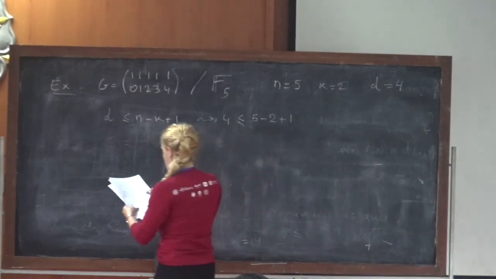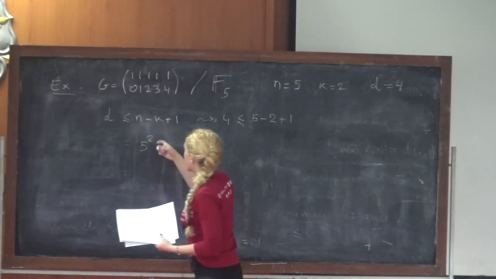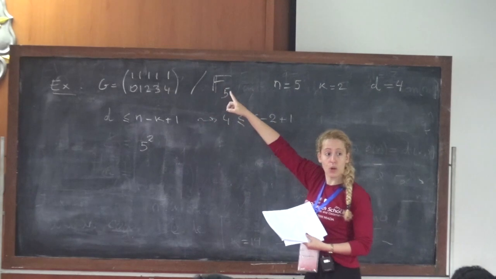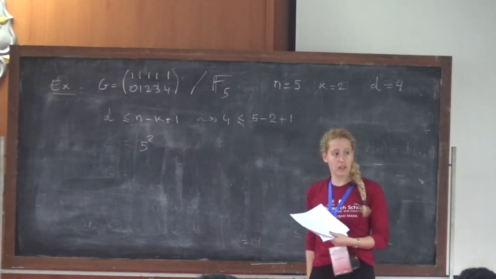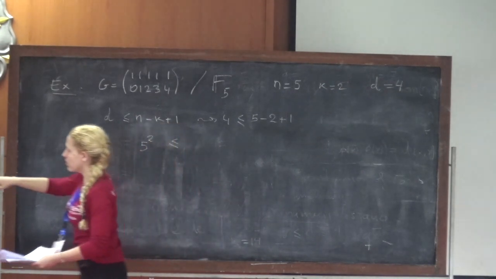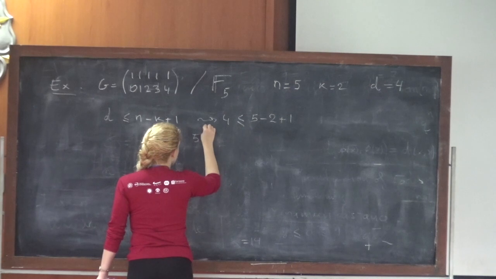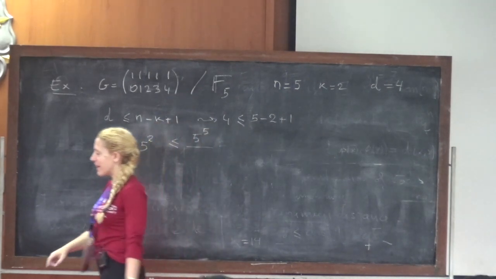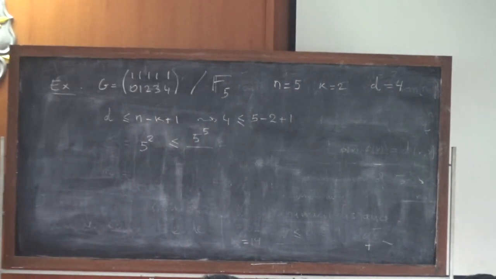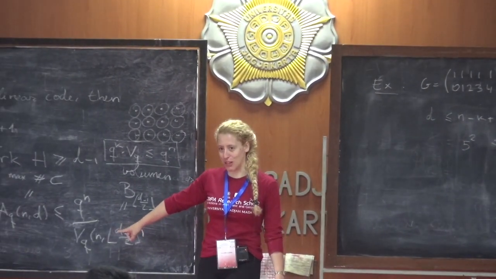And now for the Hamming bound, what we get is that 5 to the 2, that is the size of this code, because it's q to the k, is smaller or equal than, so I'm looking at this inequality, okay? So 5 to the 5 divided by the volume. Computing this volume is an exercise, so I'm not giving you the proof of how to compute it.